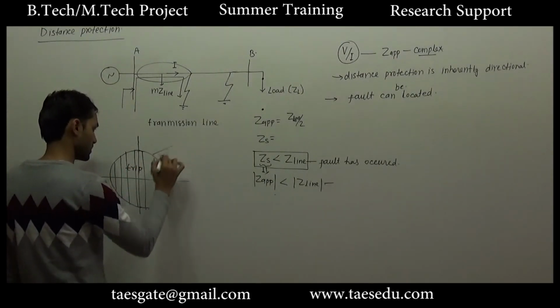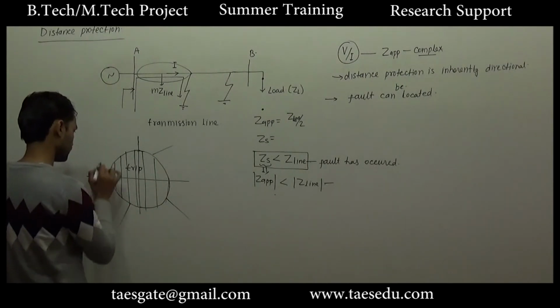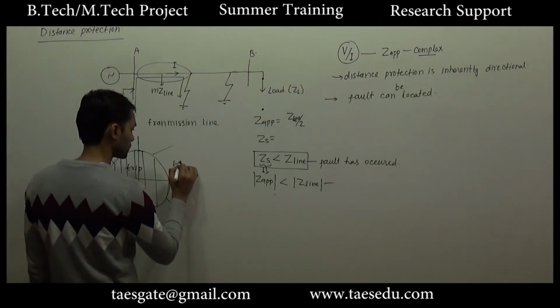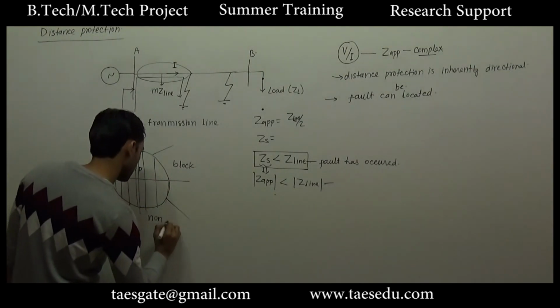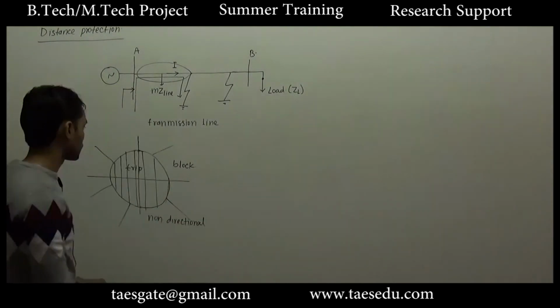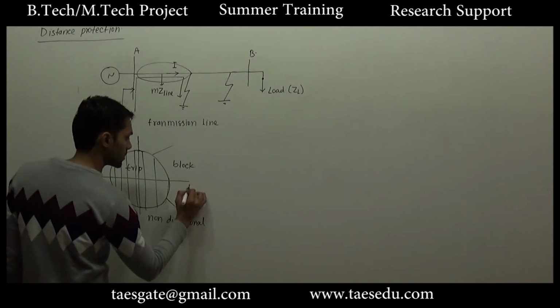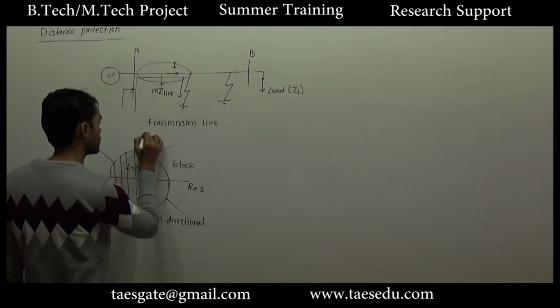This is the trip region and this is the block region, and this will be non-directional. This will be the real part of Z, this is the imaginary part of Z.